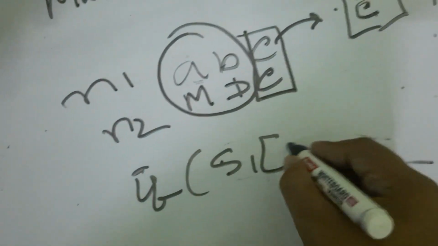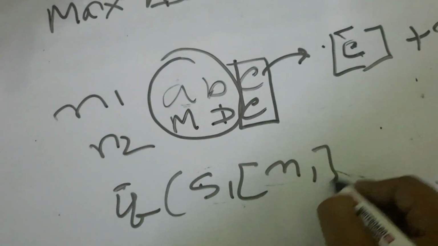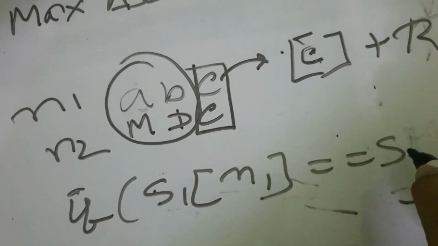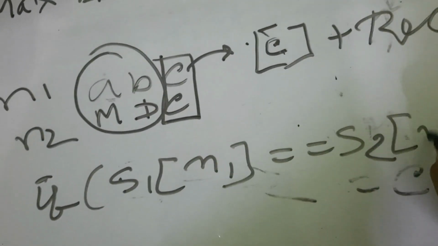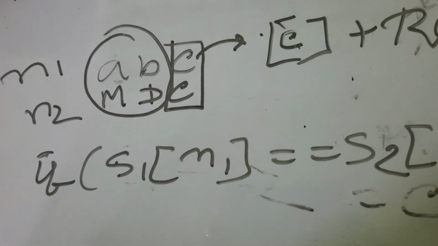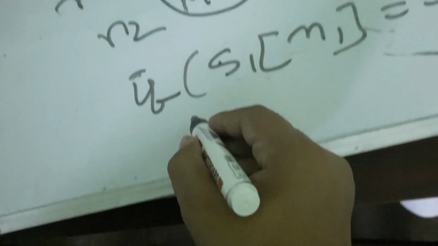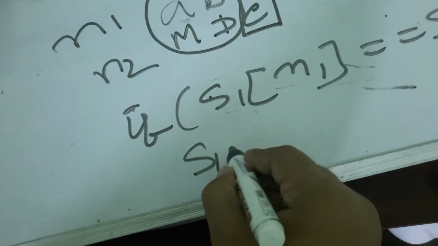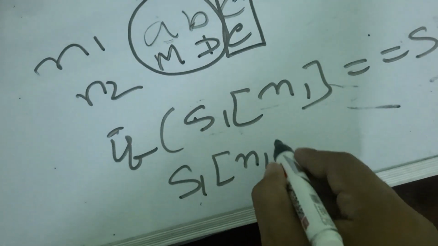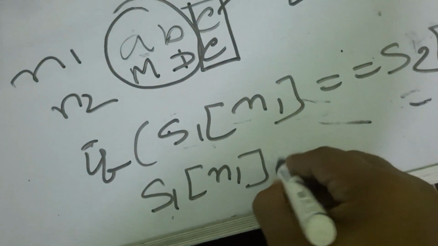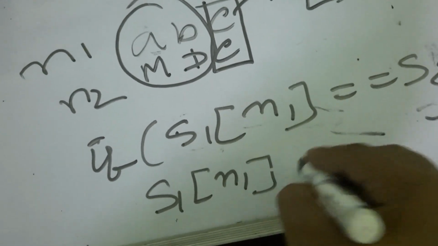So if at any time string 1 of n1 is equal to string 2 of n2, then we are going to add that to our answer plus call the same function again for n1 minus 1 and n2 minus 1.